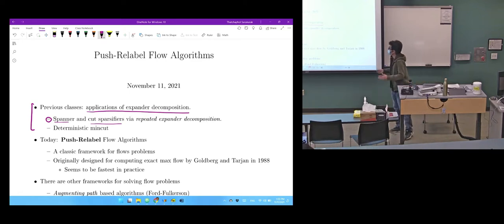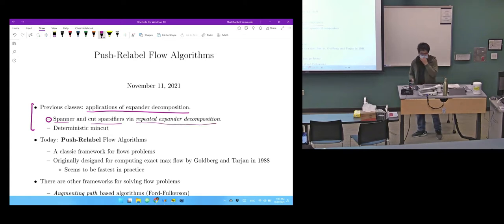This is basically a way to sparsify a graph, right? And the key to get this is to use something called repeated expander decomposition. Can any one of you remind me what this is? You do expander decomposition once, then whatever the inter-cluster edges are, we do expander decomposition on them again.